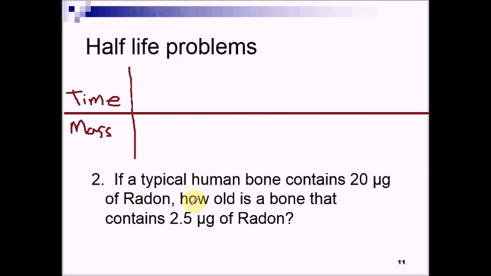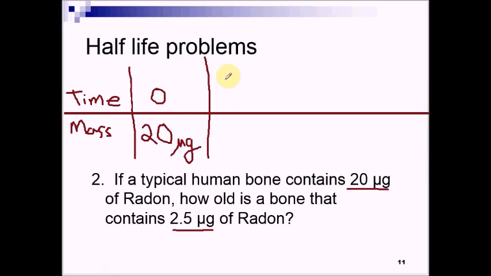And let's look at our information again. We want to know how old is a bone that contains 2.5 micrograms of radon. And a typical human bone contains 20 micrograms of radon. So we're starting at 20. And we're starting at time 0 again. Always start your stopwatch at 0.